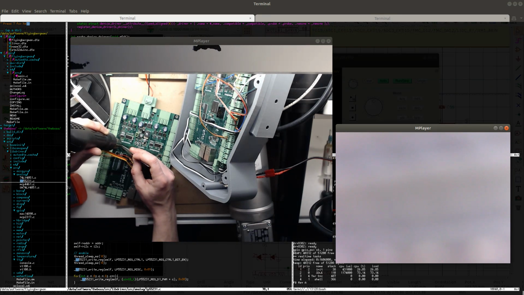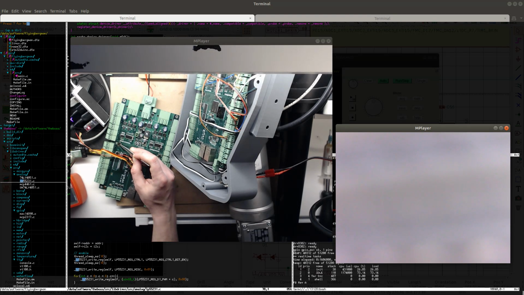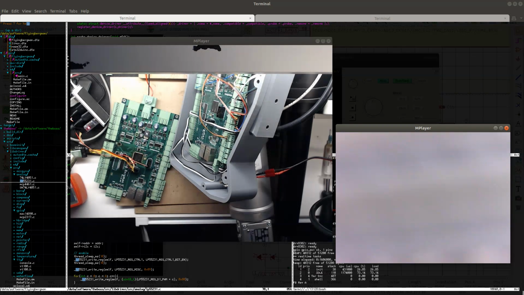Okay, I'm going to try to press it in and remove the heat. Maybe this will work better.